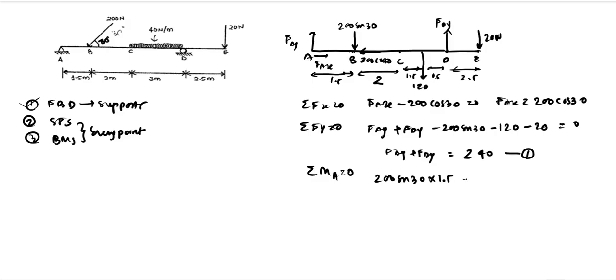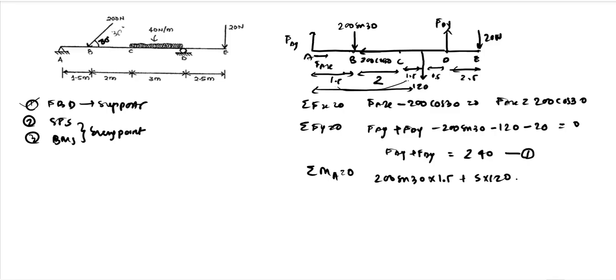And we also have the 120 force, because of which the moment again will be clockwise. The 120 force is because of this UDL. So we have 1.5 plus 1.5, the total distance between A and this UDL force. The total distance becomes 3 plus 2, 5. So we have plus 5 into 120.